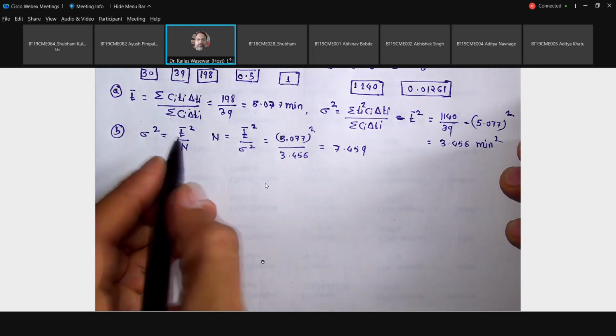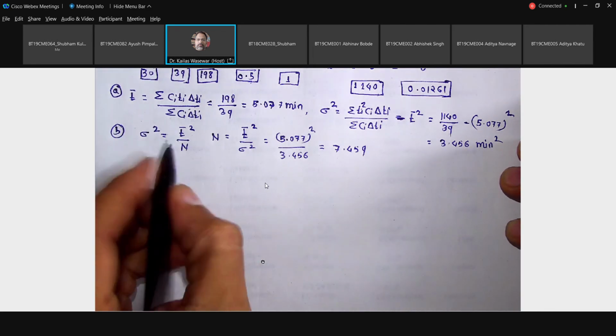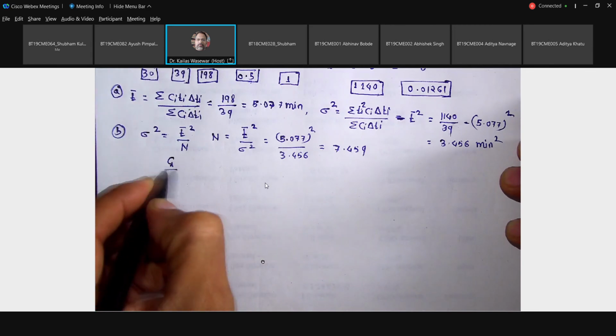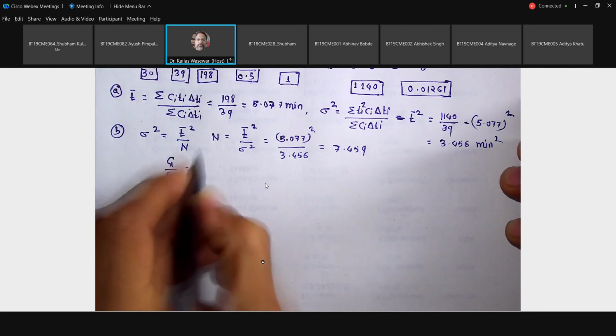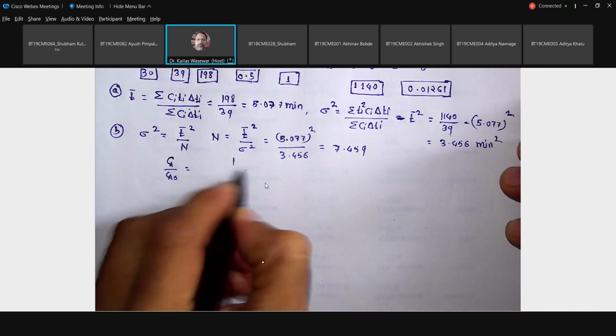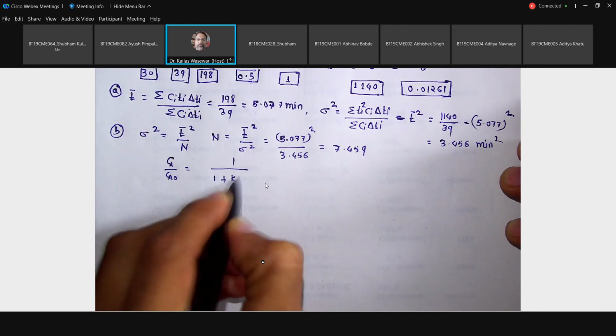So using tank in series model for a first order reaction, Ca upon Ca0 will be 1 upon 1 plus K tau over n, to the power n.